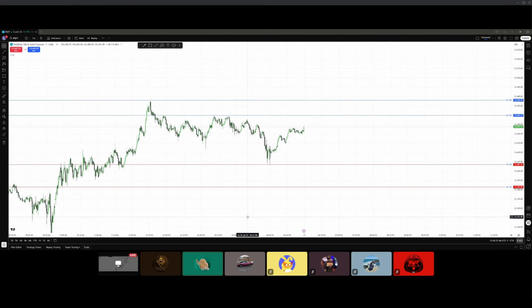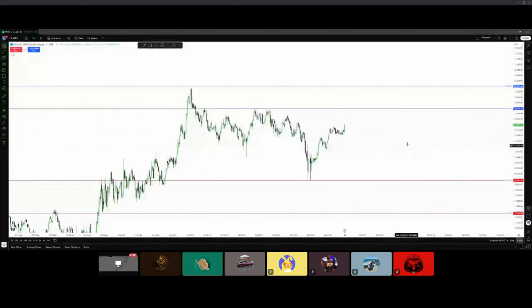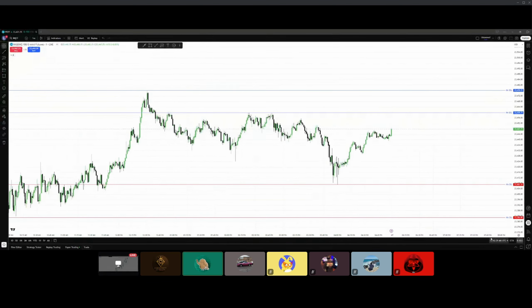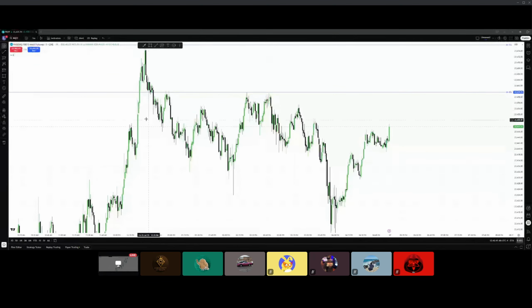Well, first you gotta pay attention to what the market's doing. Are we in a bullish uptrend or a bearish downtrend? Because you look here, we took minor buy side. Afterwards we came down, took sell side. Failed to take buy side, so we came and took sell side again, right?